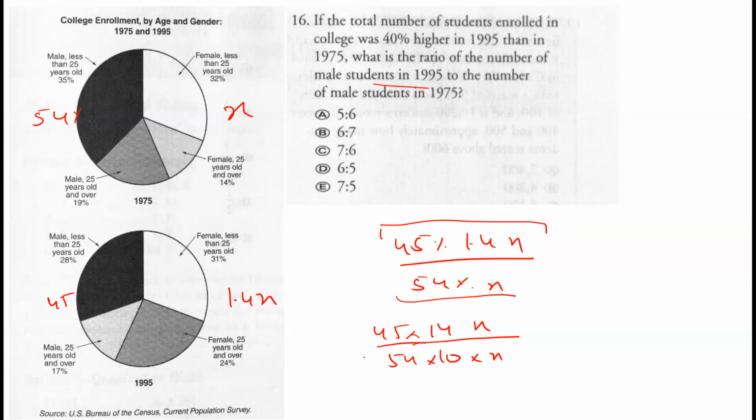We can write this as 45 over 54, and 1.4 we can write as 14 over 10, and x cancels out. So 5 9s are 45, 5 2s are 10, 2 7s are 14.